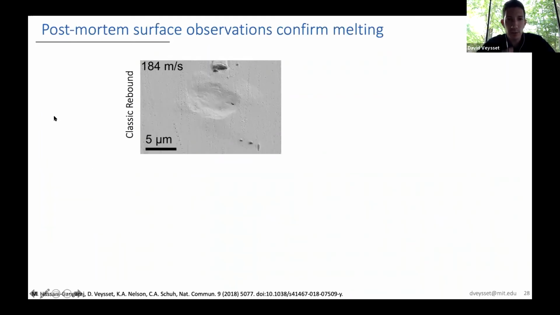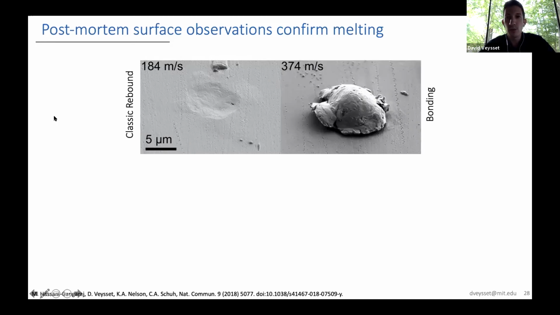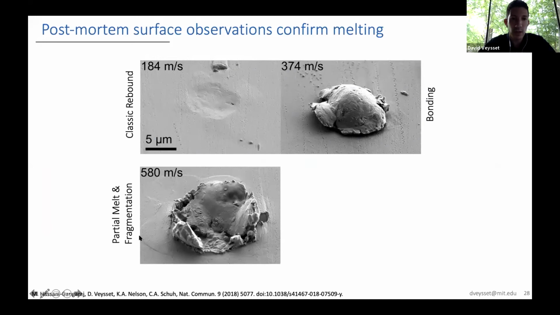So we have a small indent at low velocity to bonding, where the particle sticks to the surface, and then as you keep increasing the velocity, you see this particle lost its shape, but also fragmented, and you can observe the emergence of melting that you can see in these round features.